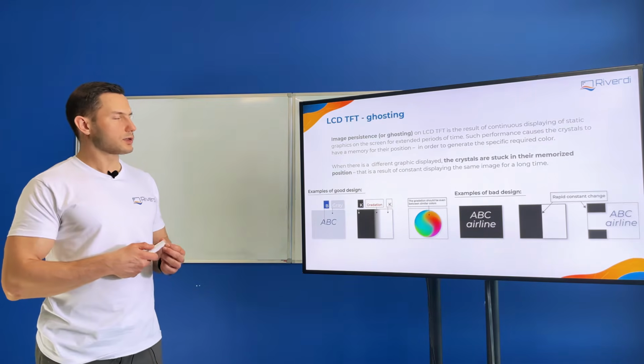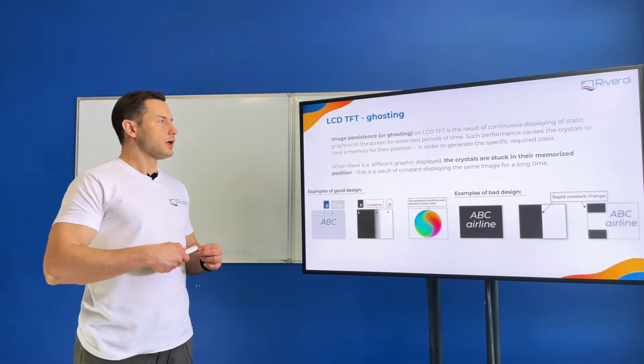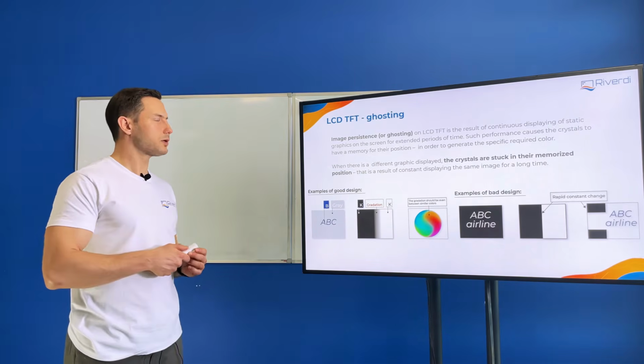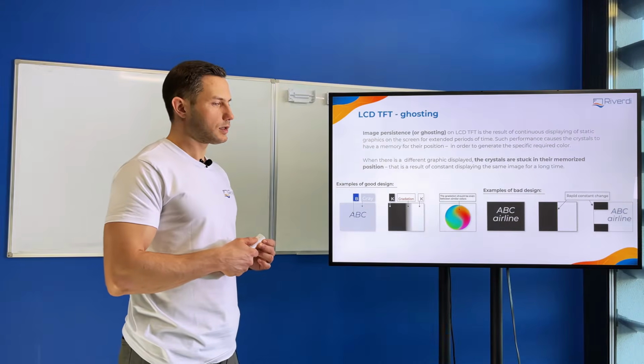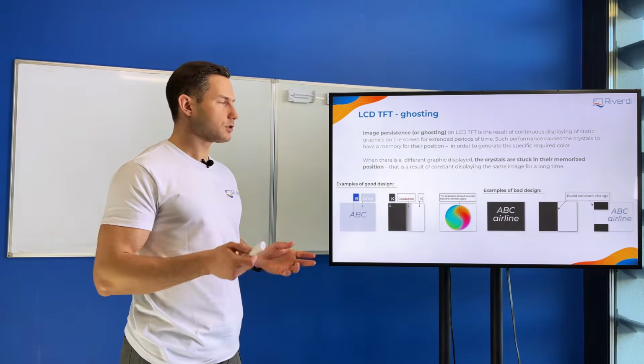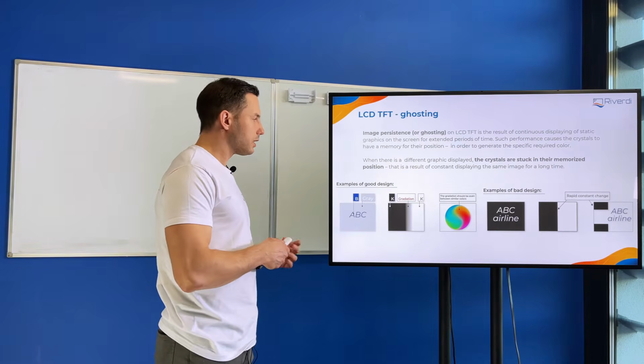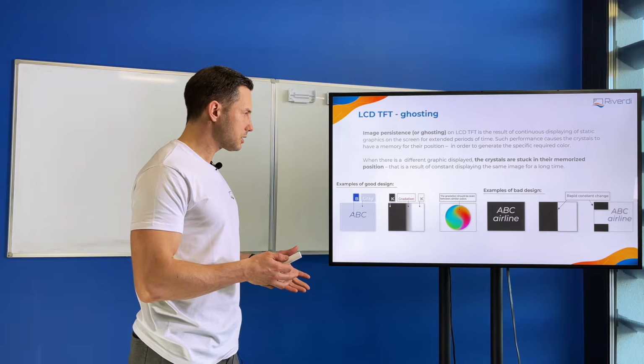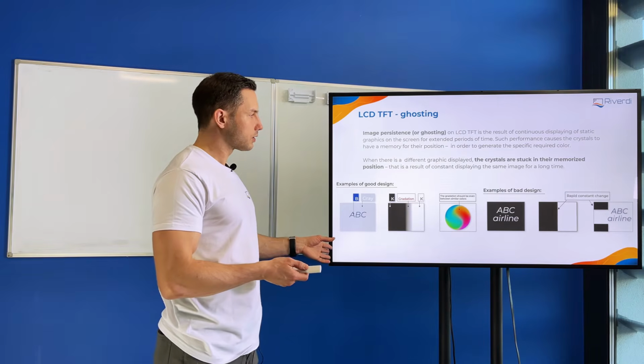So we have something called LCD ghosting. We don't see it very often, but in some displays this phenomenon still exists, and it really depends on many conditions, like temperature and even the image that we mostly put on the screen.